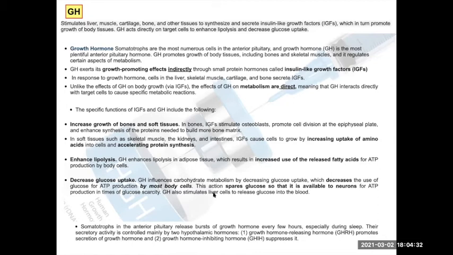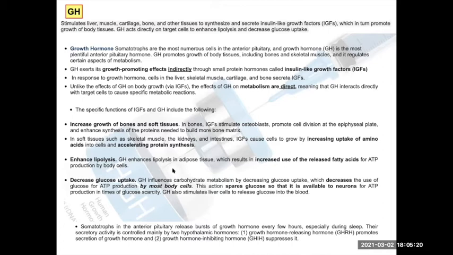And the other thing it does is stimulate liver cells to release more glucose into the blood by breaking down glycogen. That's the general function of growth hormones. Some of it's going to be done through these insulin growth factors, stimulating osteoblasts, promoting cell division, accelerating protein synthesis. So this is one of the reasons people take these growth hormones.